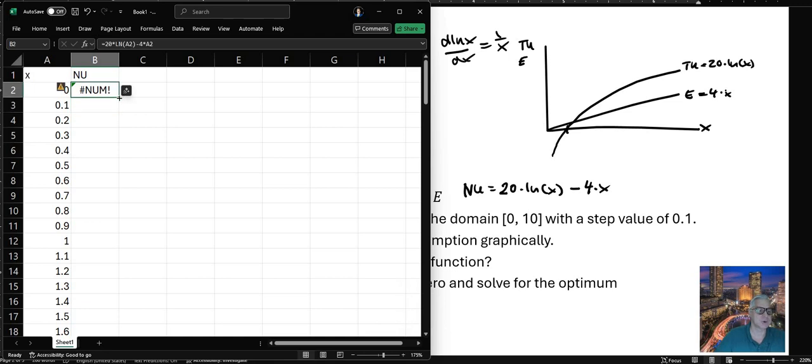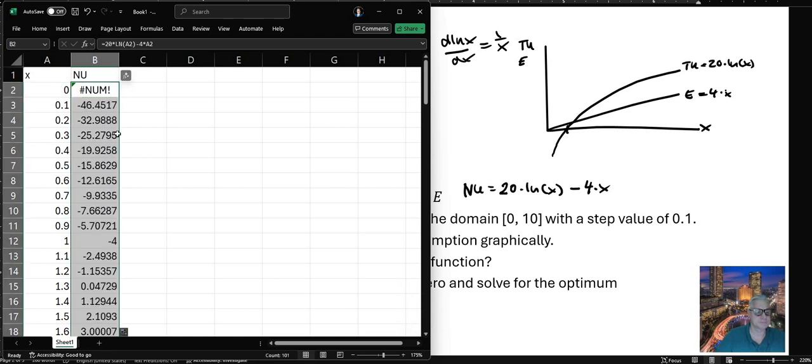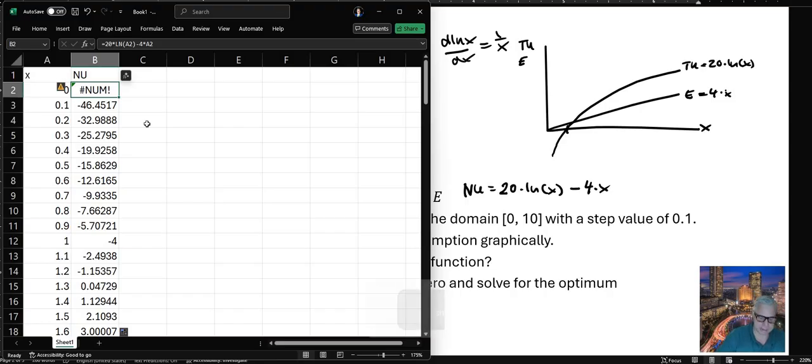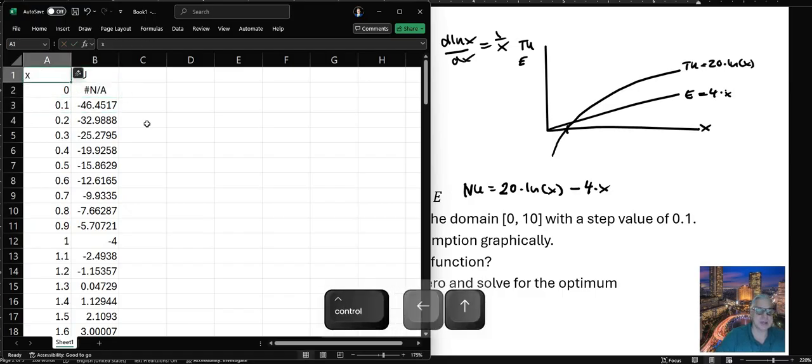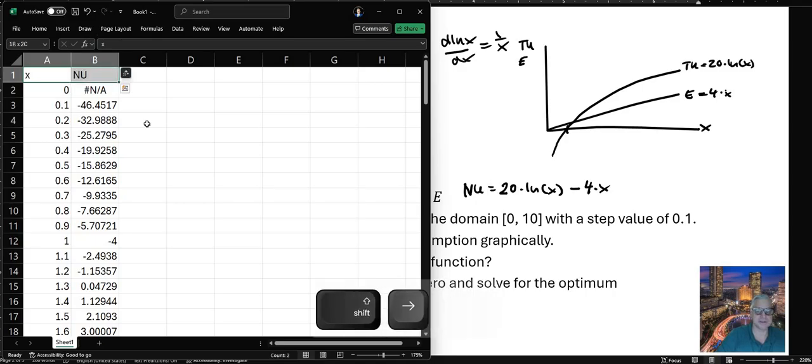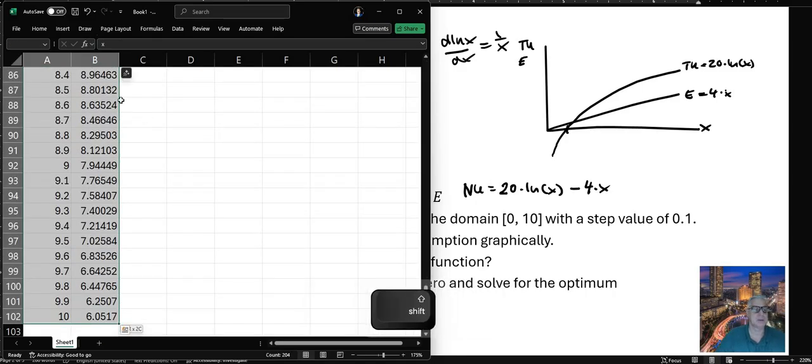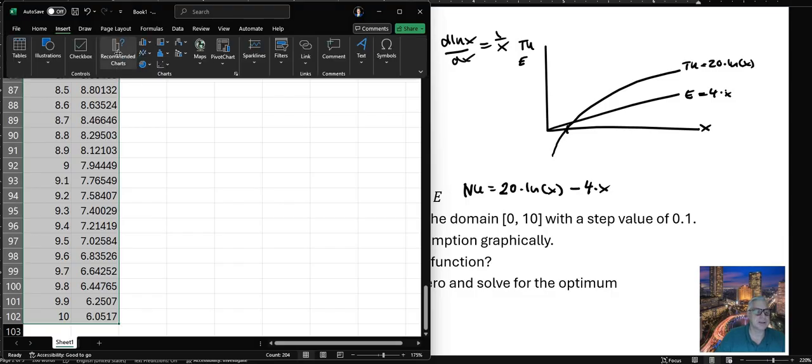Now let's copy down that formula. For the first cell, I just replace the undefined number with not available, so Excel will just ignore it. This is now our net utility function that we try to maximize. Let's see how that function looks.